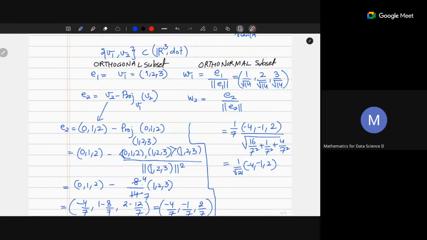Now, if I want to make e3 orthogonal to v1 as well as v2, what do I need to do? Can anyone tell me? Yeah, remove the projection of v3 in the direction of v1 as well as in the direction of v2, right? Correct. Nice.